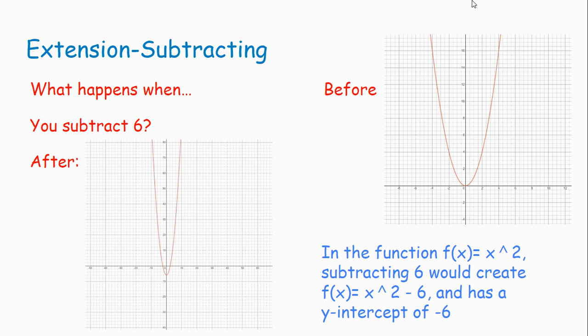So now it will cross through, there are 2 points of x-intercepts, and it changes the y-intercept. So there are 3 intercepts, 2 on the x, 1 on the y, and it stretches the graph up. It makes the graph get smaller.